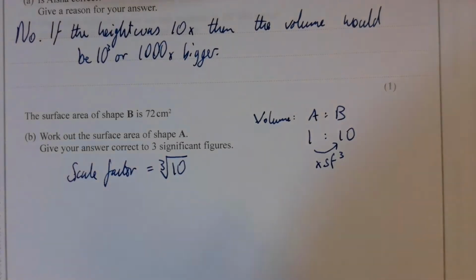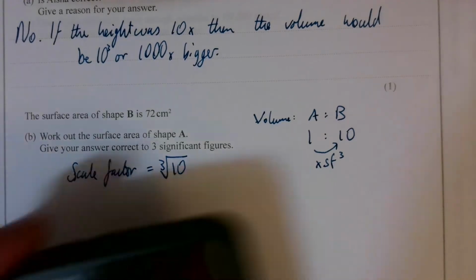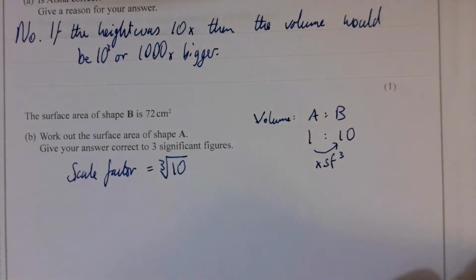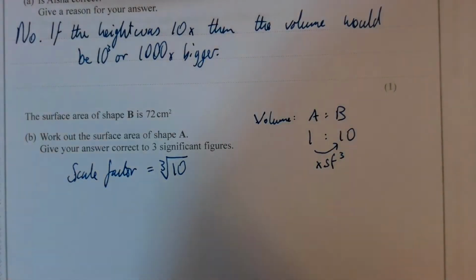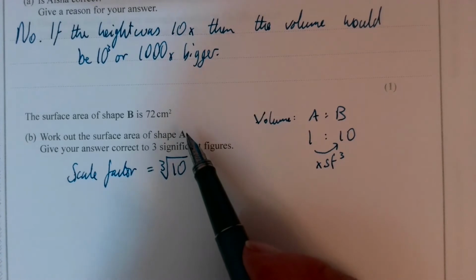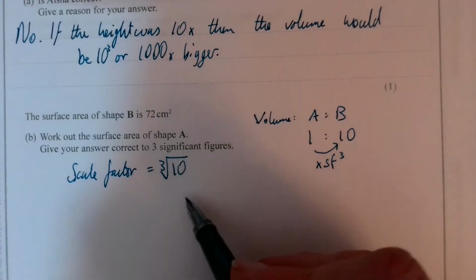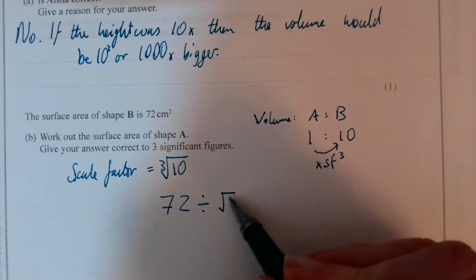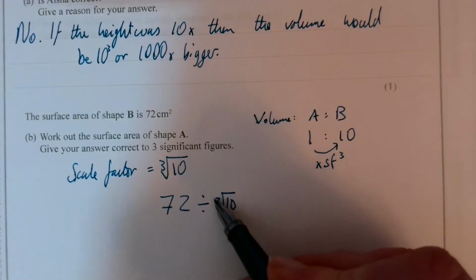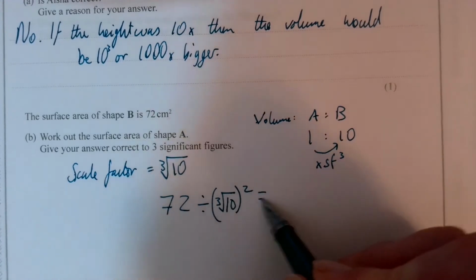So here, because the volume is 10 times bigger, that means that the scale factor must be the cube root of 10. And if you put that into your calculator, you do get 2.15 something. And we want the surface area, so the surface area is going to be smaller, so we're going to have to do 72 divided by the scale factor, which is the cube root of 10, squared.